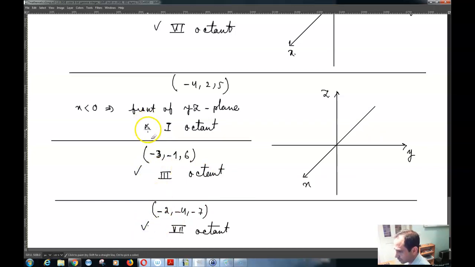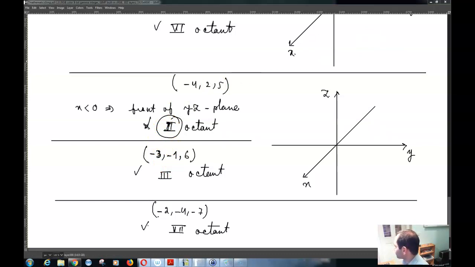About this one, your x is negative, that means that you will end up back there, behind the YZ plane, and then both of these are positive, so you are to the right and to the top, so that would be 2. That must be 2. 6, 2, 3. That is right. Okay, so that is basically that.